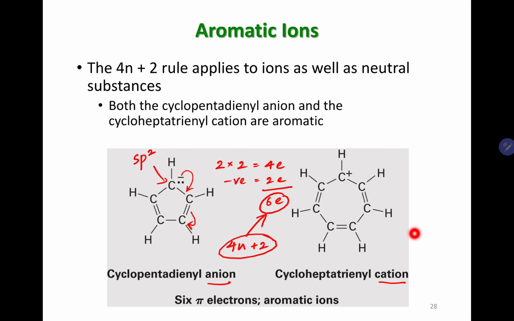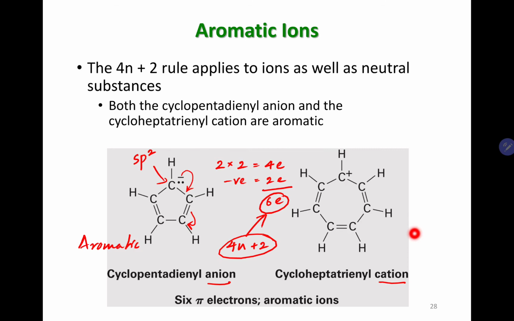Whenever you have a carbon with a charge, or even a radical, it is no longer sp3 hybridized. Instead, it will rearrange to sp2 hybridization, and the charge will be on the p orbital. So it is sp2 hybridized, so it is planar, it is conjugated, and it has 4n plus 2 electrons, so that is aromatic.